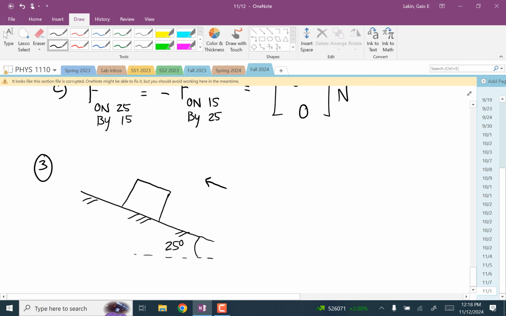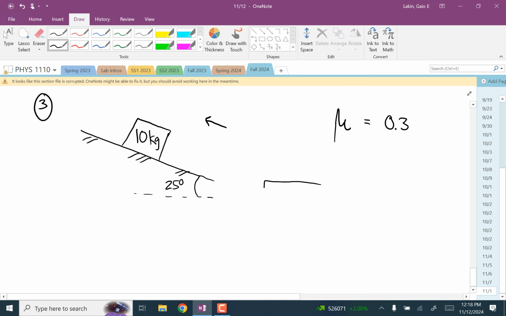The mass is 10 kilograms. And the coefficient of friction between the incline and the mass is 0.3. And we're trying to calculate the acceleration vector of this block. And then we're also figuring out whether it's speeding up or slowing down.